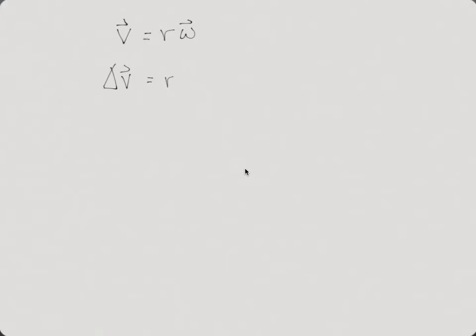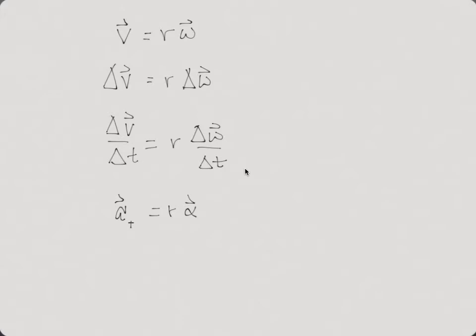So now we're going to have r delta omega. In this particular case, we are not changing our radius, so we're just allowing the delta to go all the way through. And if we say we have a delta v over delta t, this will end up being r, and since r is not changing, the delta t will only apply to our omega. So now we end up with our tangential acceleration is equal to r times our angular acceleration.